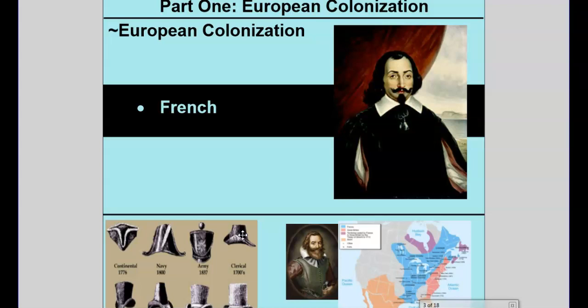The population in New France is going to grow relatively slowly, and there's a couple reasons why. One reason is because the climate is harsh. It's cold, right? And most people don't want to move to a colder climate. They want to go somewhere warmer, and in North America, it's actually much colder than Europe, even at similar lines of latitude.